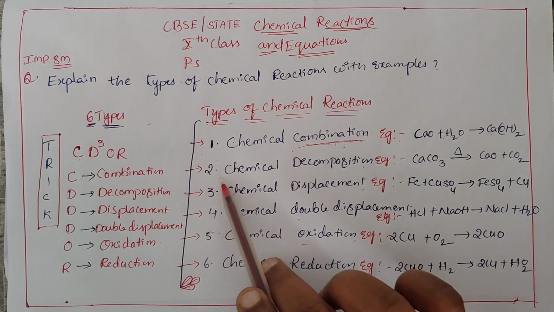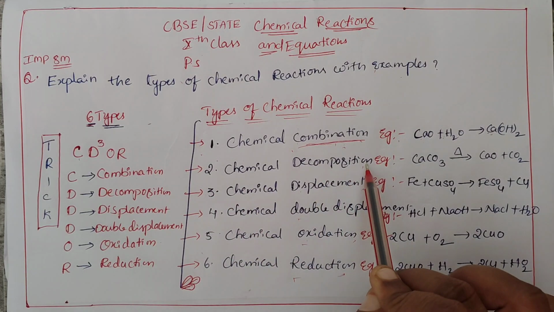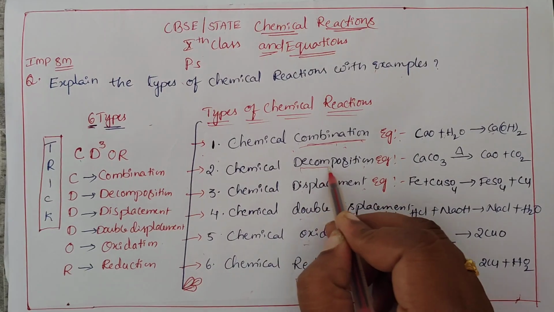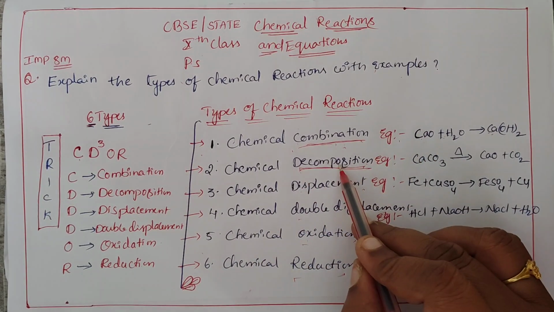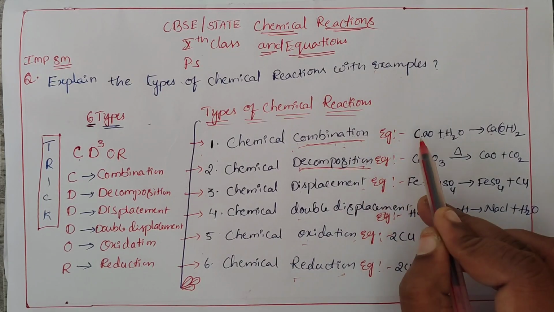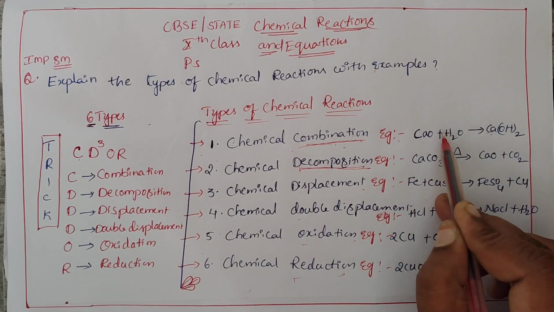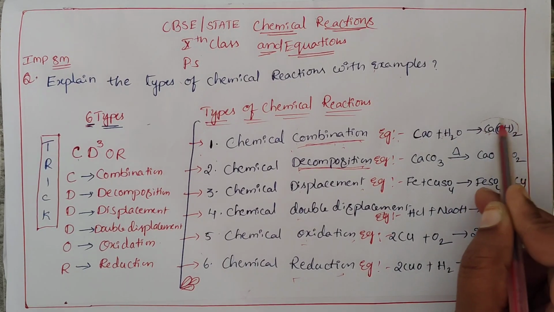Next, the second type of reaction is chemical decomposition reaction. The name itself indicates decomposition, which is completely opposite to combination. In combination, two or more reactants chemically combine to give a single product.